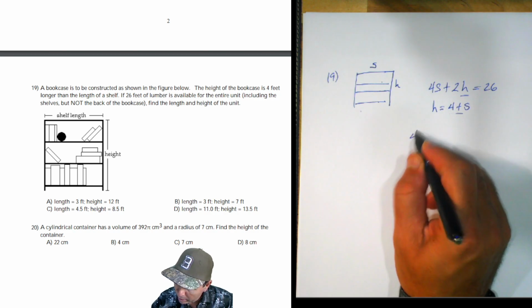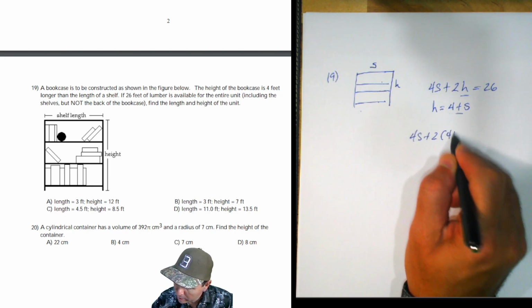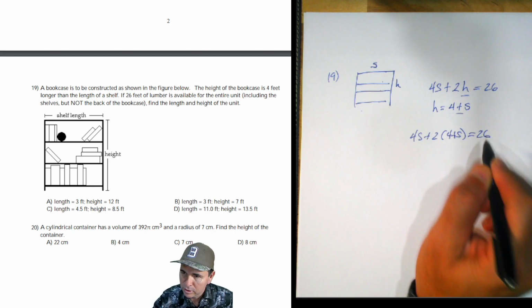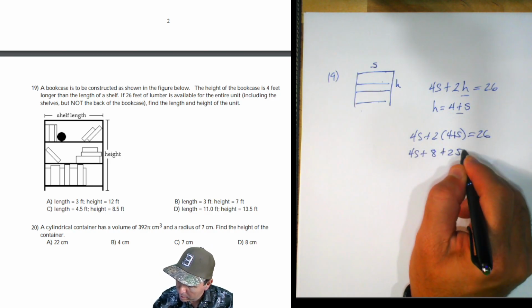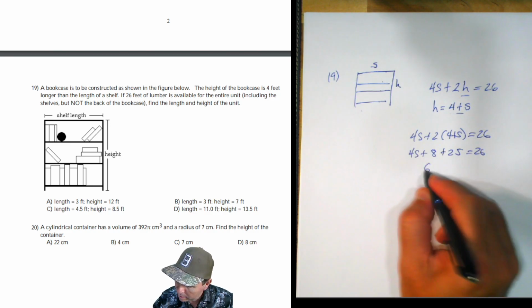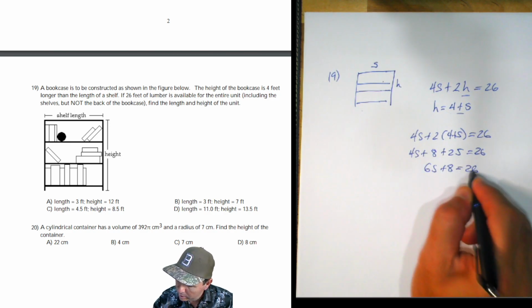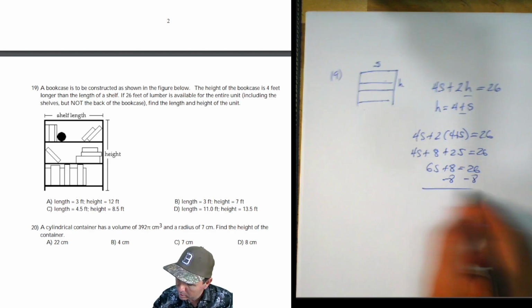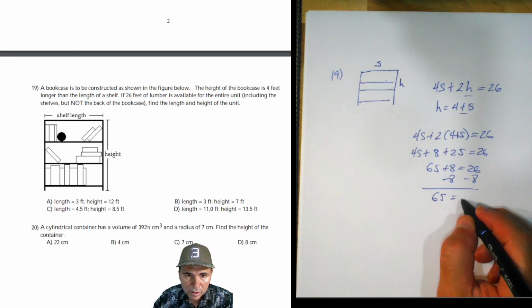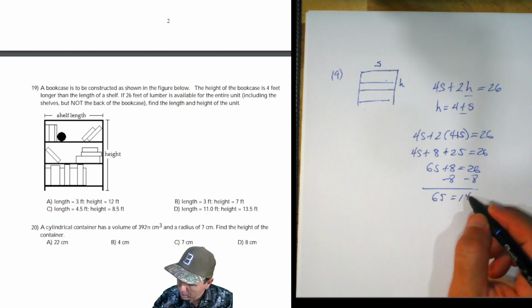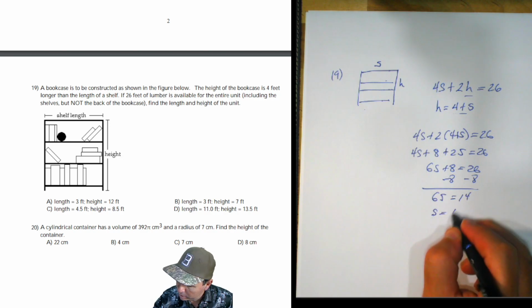So we're going to have 4S plus 2 times (4 plus S) equals 26. So we got 4S plus 8 plus 2S equals 26. 6S plus 8 equals 26. Subtract 8, subtract 8. 6S equals 14, right? And then S is going to be 14 divided by 6.